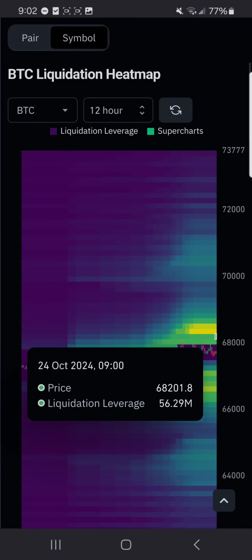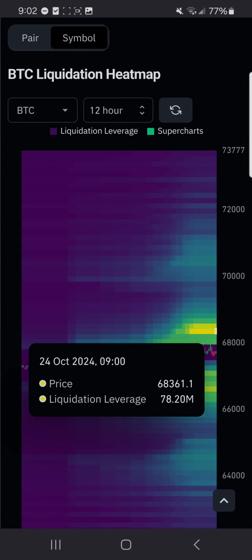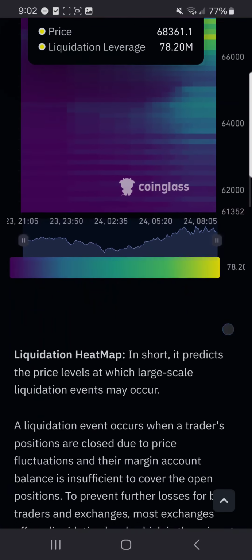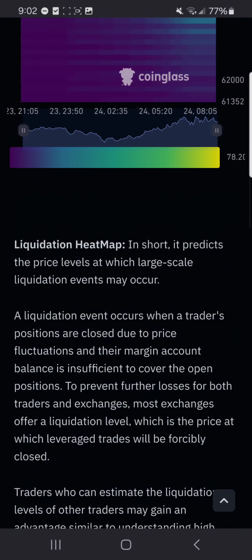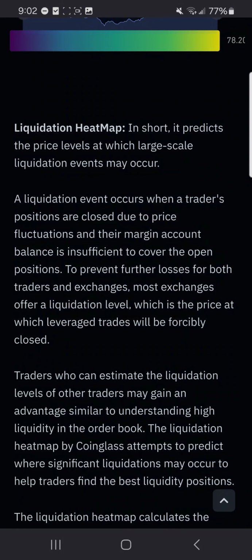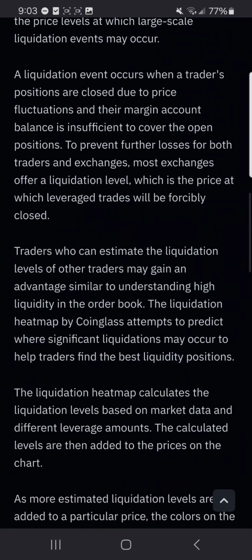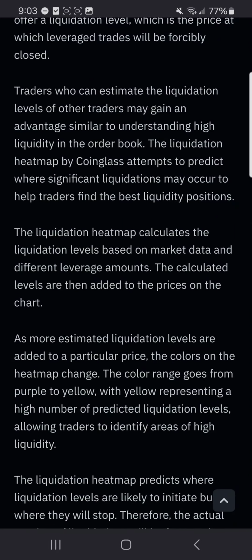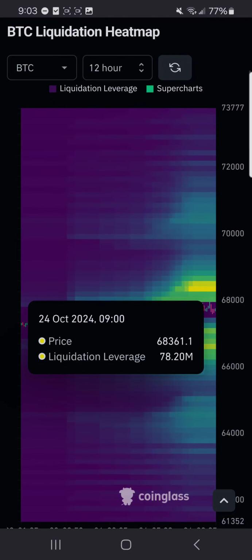Look here, and even this maybe isn't real. Even when you read the directions here, down here, you can estimate liquidation levels, blah blah blah, and what actually happens is a lot less than what it shows on the chart. So just read that.